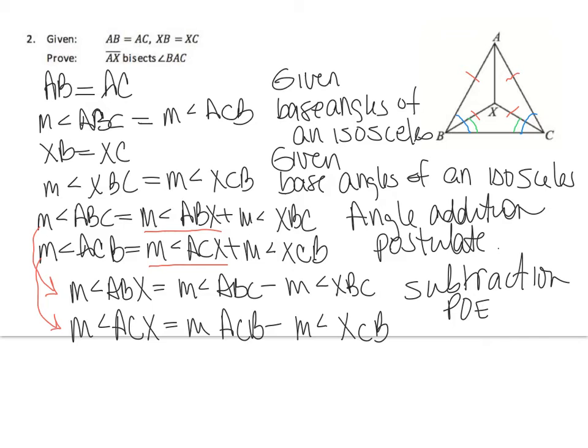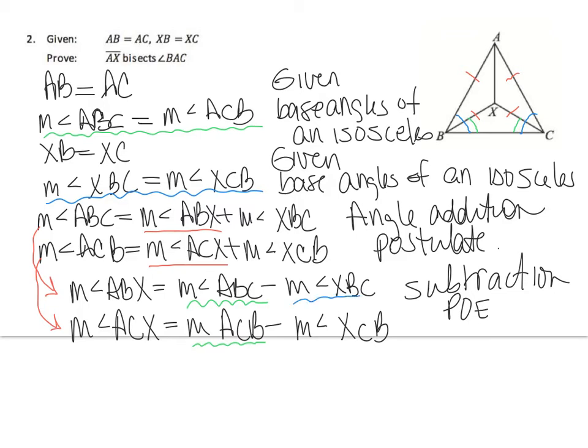Okay. With that knowledge, I can actually say that those two are equal. Up here I have the measure of ABC equals ACB. So I can substitute. ABC equals ACB. And right here, let's get blue, I have XBC equals XCB.